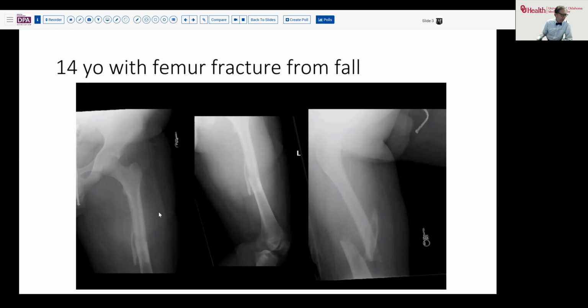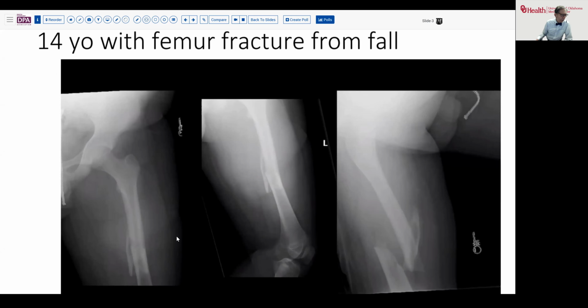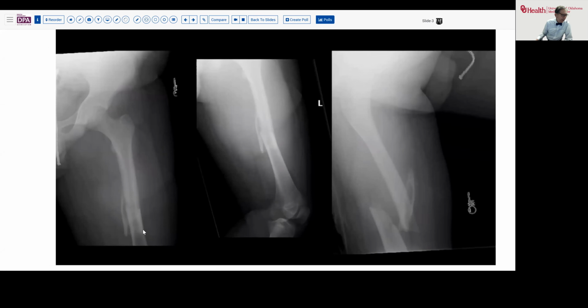Now, of course, in a young active teenager, you might think, well, that's just as far as it needs to go and no further thoughts. We'll just fix this, realign it, get things put together and not worry any further. But I think it's worth looking a little bit more closely at some of these to ask ourselves the question, was there anything here that might have clued us in to something more serious?